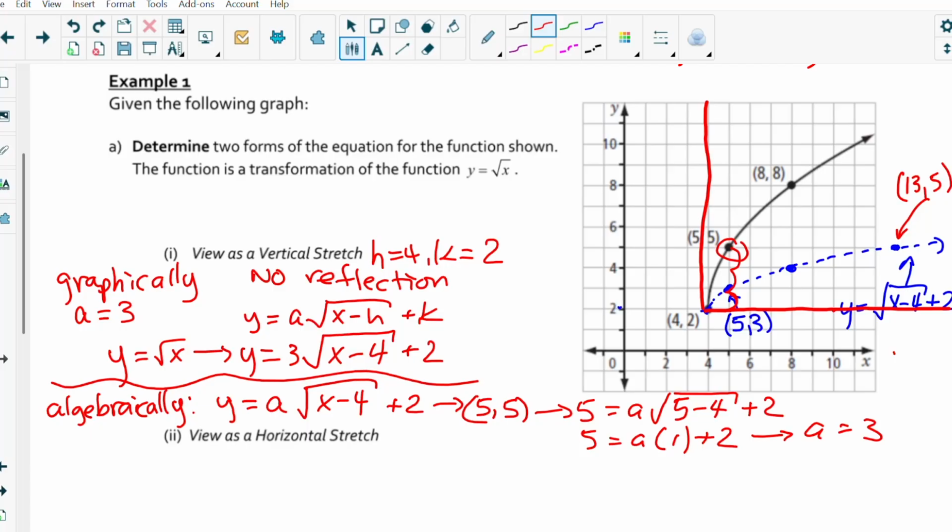From this line, it is 1 unit versus 9 units. That tells me there's been a horizontal stretch. But I'm going from the base function back to the transformed function, so it's 1/9.